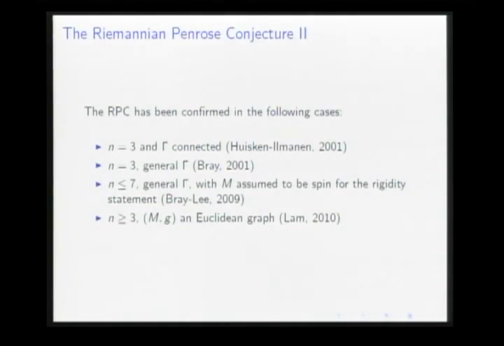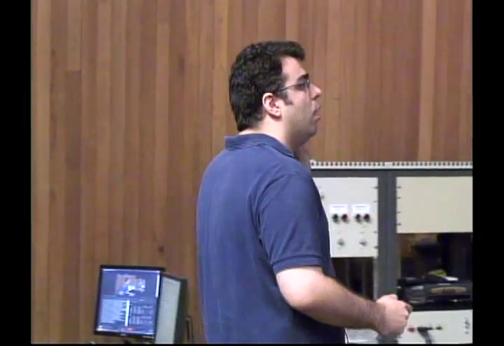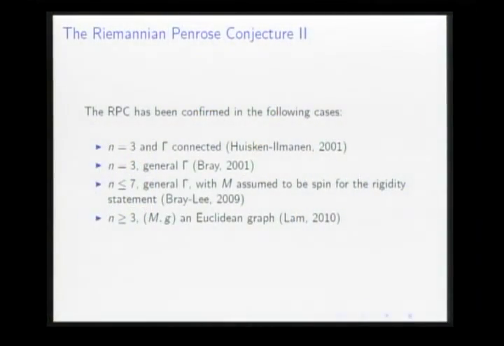The proof is using the inverse mean curvature flow, which we're going to see in a minute. And then Bray gave a proof using a conformal flow. Bray's proof works for general boundary, it doesn't have to be connected.